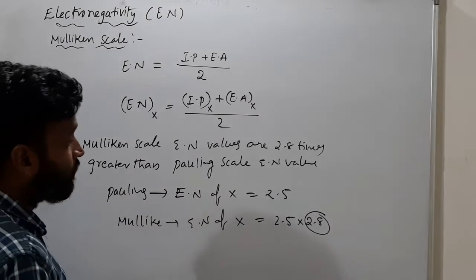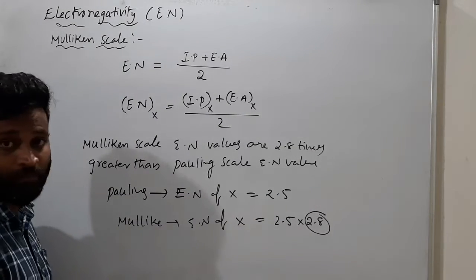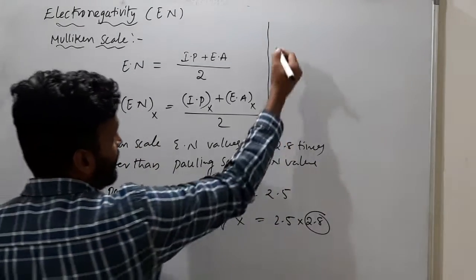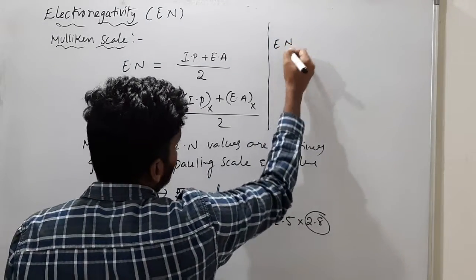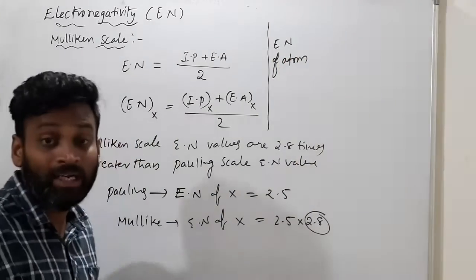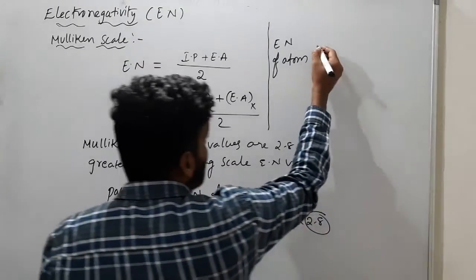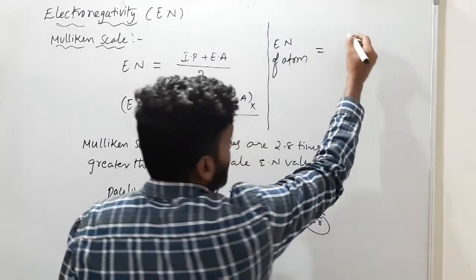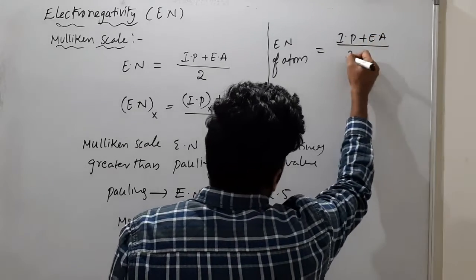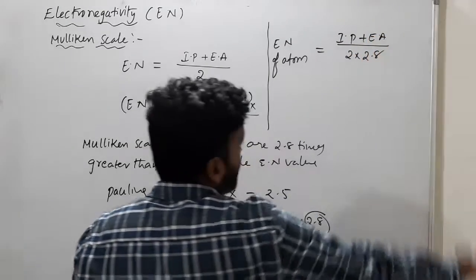So what do we have to do then? We have to correct it or not? So later on, a few scientists corrected it: the electronegativity of any atom is IP plus EA by 2, divided by 2.8.